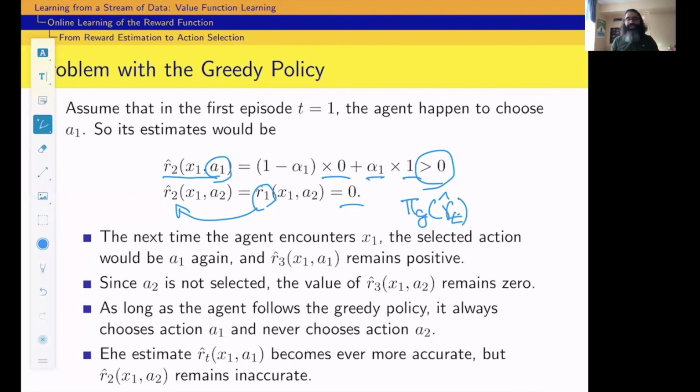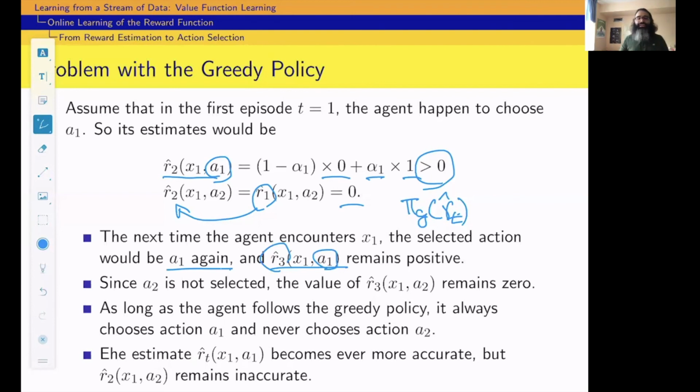R hat for action 1 has a larger value based on this estimate. So the selected action would be A1 again. And then at the next time step, R hat for A1 remains positive. But A2 is not selected, so the value stays the same as before, so it would be 0.